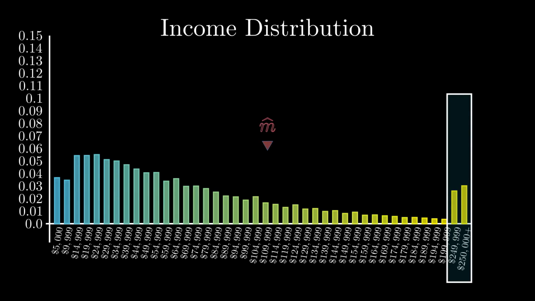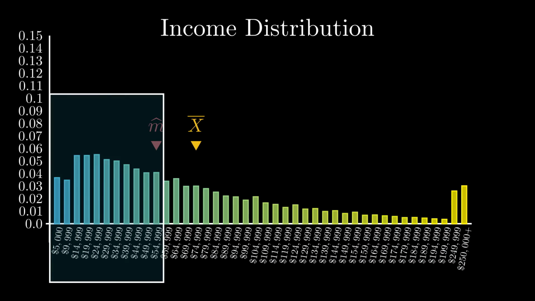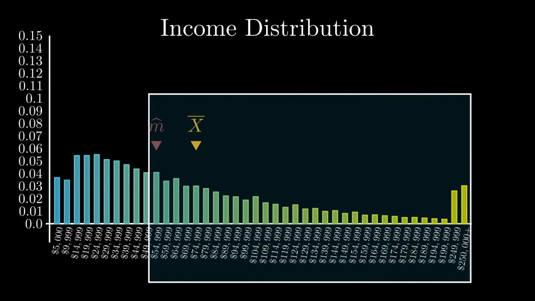While there are fewer of these individuals, the extreme discrepancy in the values of their income has the effect of pulling the mean higher, perhaps dramatically so. The median, on the other hand, will always sit at the point where half of the population earns less and half of the population earns more. This forces it closer to what most people would intuitively view as the center of the data.